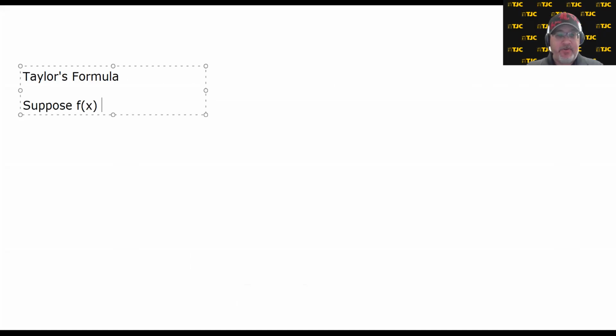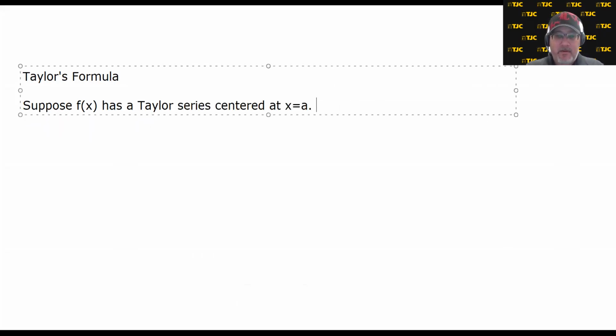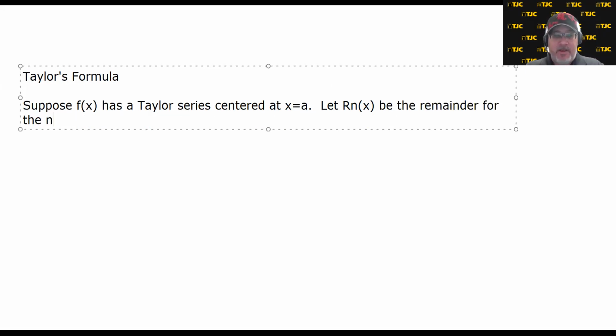Suppose f of x has a Taylor series centered at x equals a. And I can't type the subscript, so I'll say R_n(x) be the remainder for the nth Taylor polynomial. So in other words, it's equal to f of x minus the nth Taylor polynomial.